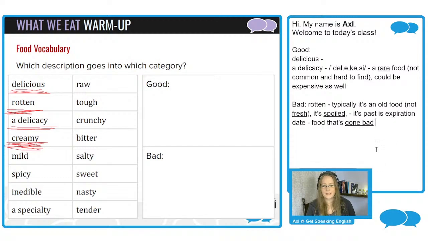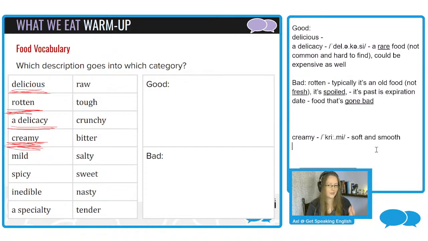It's very, let's see, creamy. Sort of really soft, maybe. Soft and smooth. You know, for example, a puree is creamy.